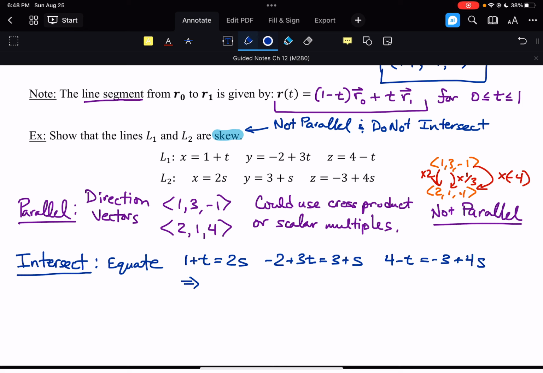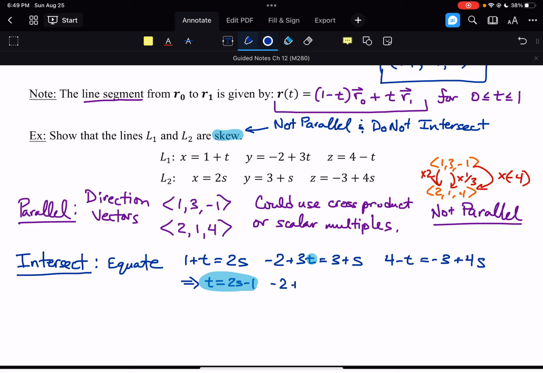So let me do a little bit of this here. So like for this one, we could solve t equals 2s minus 1. We could then take this and put it in this equation to find t. Or excuse me, to then solve for s, like replace it with t to find s.